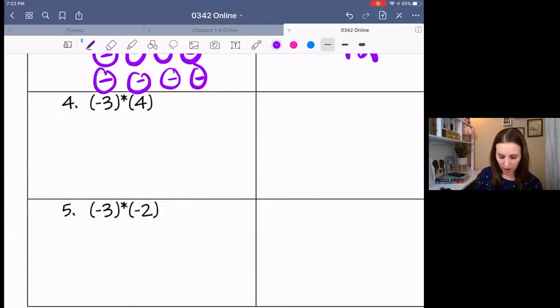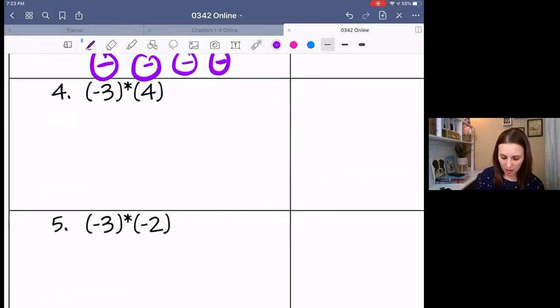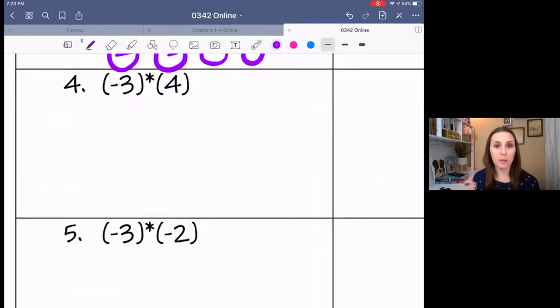Okay, oh, I forgot. In the previous page, I told you I would show you another way to do it, and I forgot. So I'm going to show you on this one. On the previous page, I used the commutative property, which means I changed the order. That means you can change the order of multiplication or addition, and it's still the same answer. So that's called the commutative property.